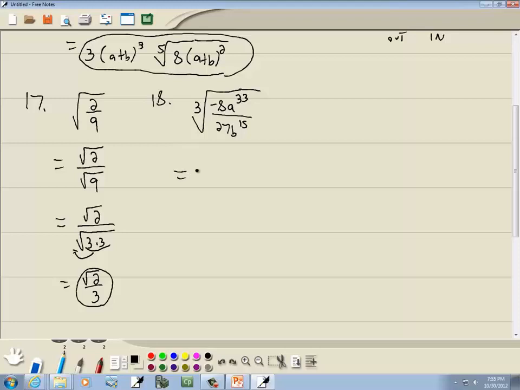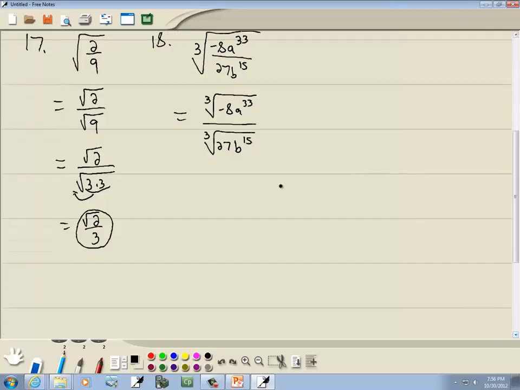Our property allows us to put a radical around the top, so we've got the cube root of negative 8a to the 33rd, and then we put a cube root around the bottom, and we've got 27b to the 15th. Now by breaking this up, we can focus on each piece separately, and that helps a little bit.